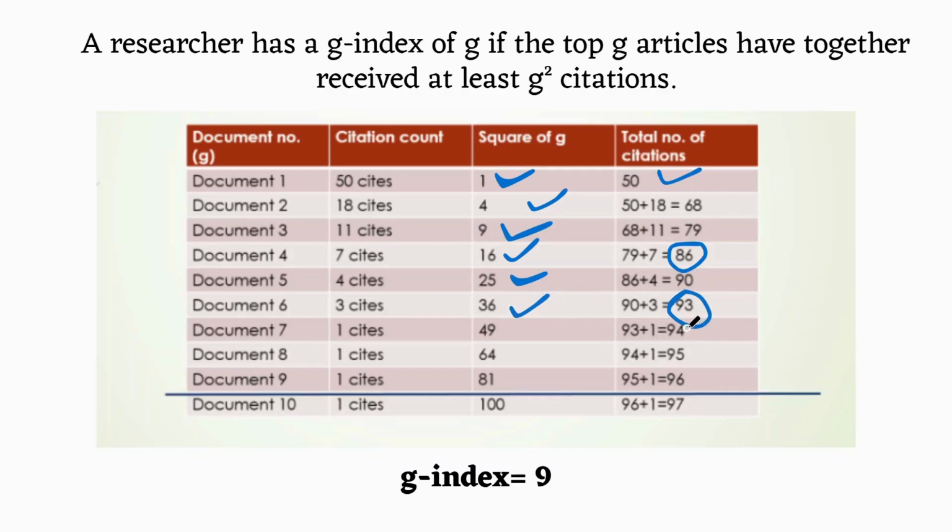Similarly, it will be 7 if combined citations are at least 7 square. It will be 8 if combined citations are at least 8 square. The G index will be 9 if combined citations are at least 9 square. G index will be 10 if combined citations are at least 10 square. In this case, the combined citations are not more than 10 square.